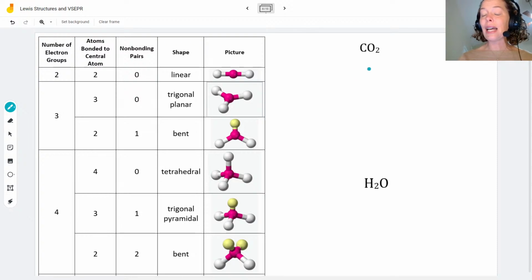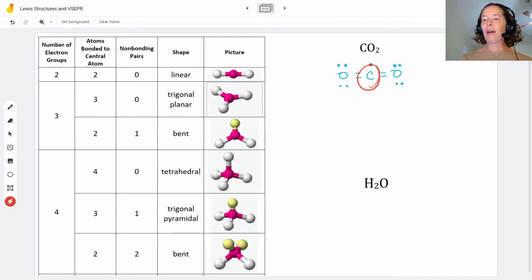All right, so carbon dioxide. This one's got 2 double bonds, like this. So let's determine the shape. Checking out my carbon, focusing on my central atom, carbon is bonded to 2 oxygens.